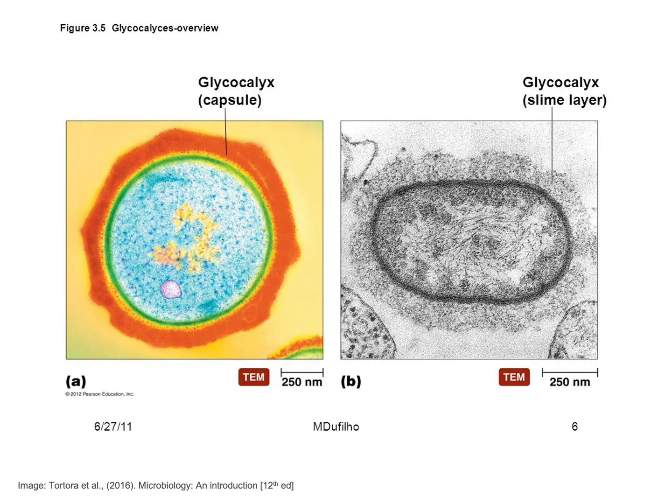Here is a picture of your capsule glycocalyx, which is structured and well organized, and your glycocalyx slime layer, which is disorganized.